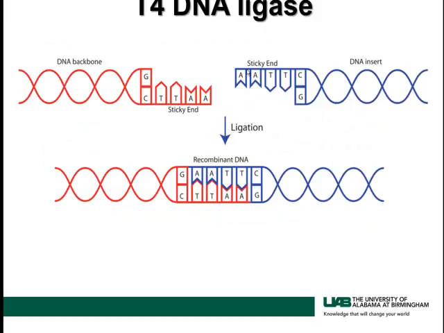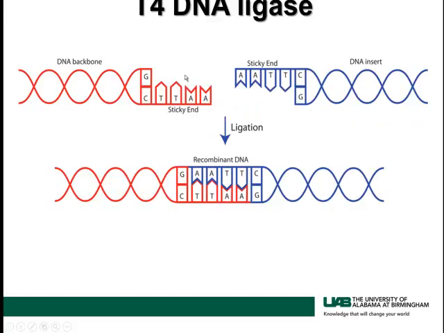And T4 DNA ligase is used in cloning in the industry. And what it is, is that if you cut two fragments of DNA with the same enzyme, let's say you cut with EcoRI or BamHI or SmaI or PstI, the sticky ends, all right? The two ends will be complementary to each other.